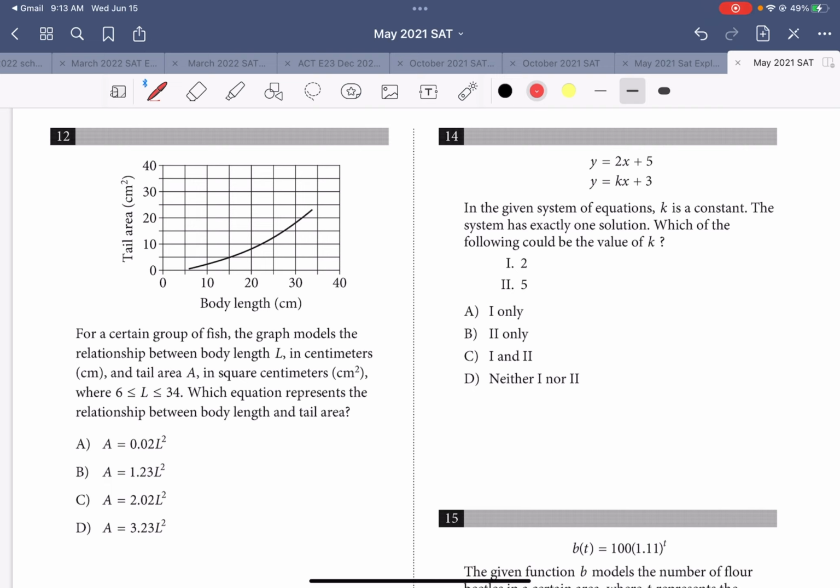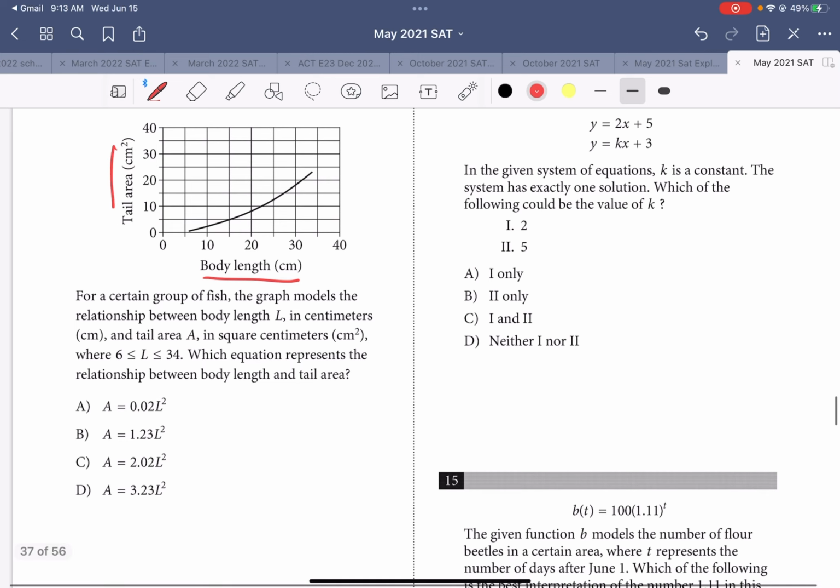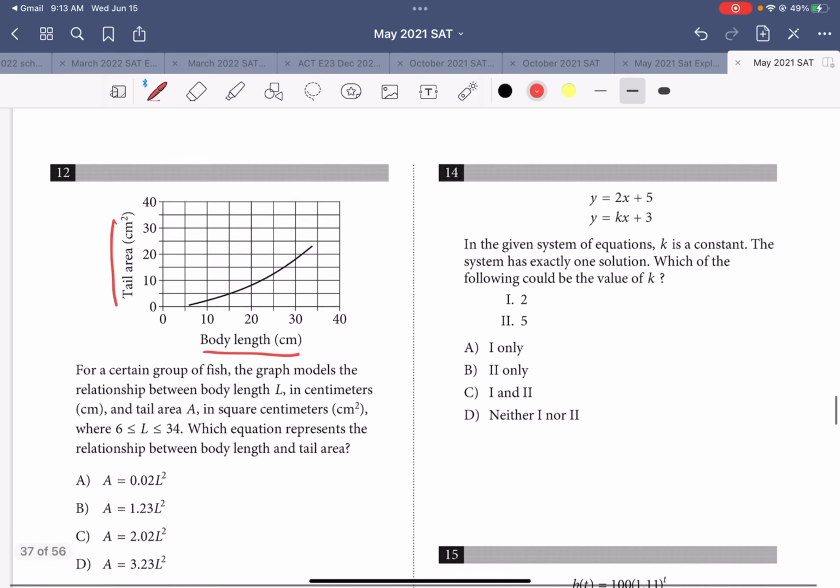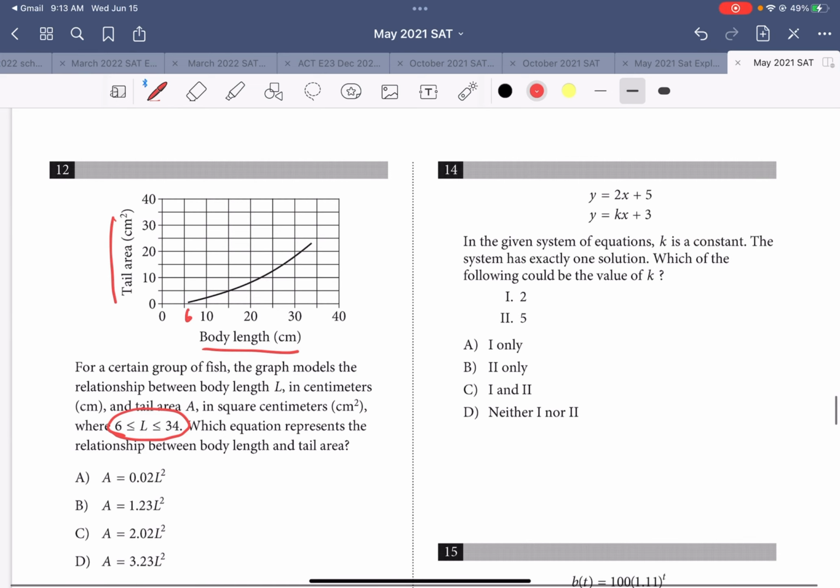Number 12. For a certain group of fish, the graph models the relationship between body length, L, which is the x-axis here, in centimeters, and the tail area here, that's the y value, in square centimeters. And your domain is 6 to 34, so this is 6, and here 34.